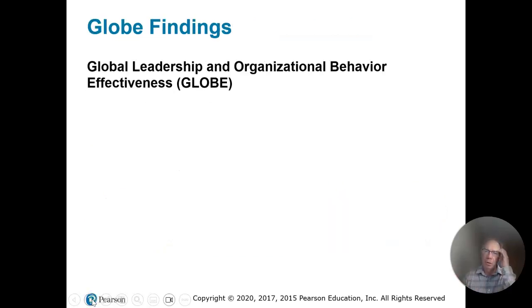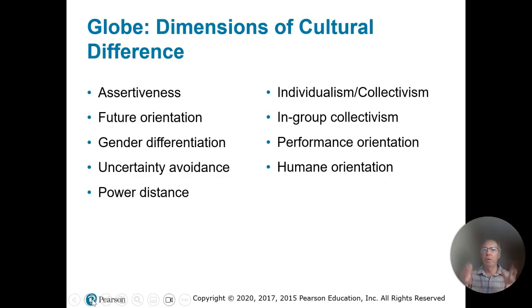Now, there's a concept called GLOBE. GLOBE is a study of how people across the world are rated in certain areas. When you look at this slide, you can see assertiveness. How assertive are they? How much are they willing to take control? For example, here in the US, we're rated very high in something like that, whereas countries such as Sweden aren't. You take a look at gender differentiation.